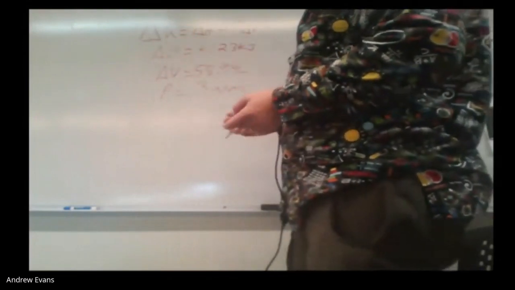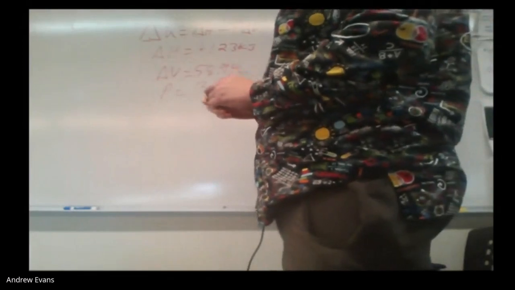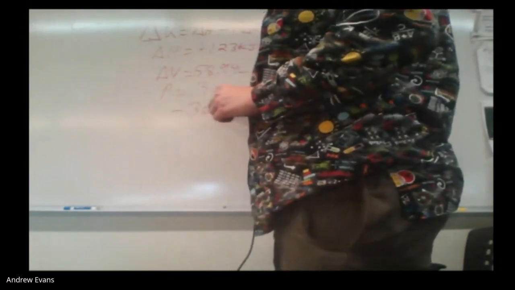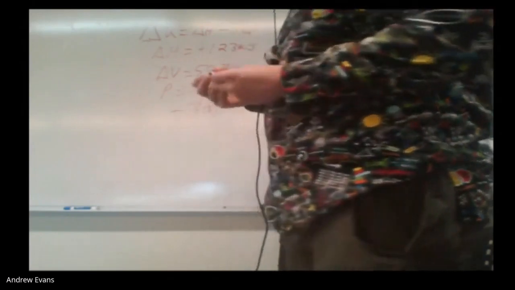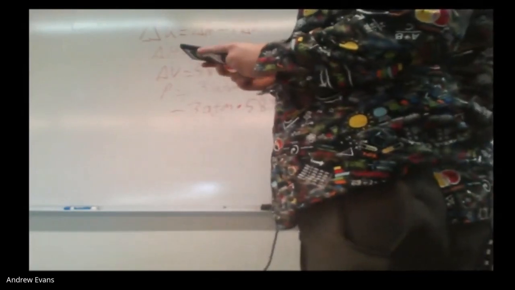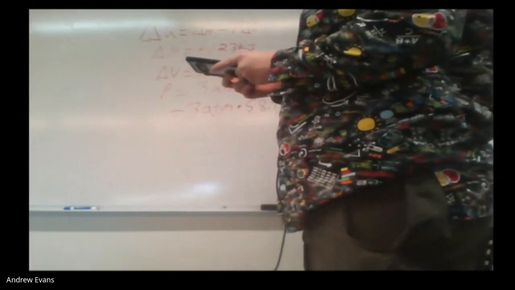Delta H is already given. We don't have to do anything with the H. We have to, however, calculate the work. The work is our negative P, so 3 atm, times our change in volume, which is 58.94 liters. Atmospheres and liters do not cancel out, so the unit we would get is atm·L, atmosphere liter.